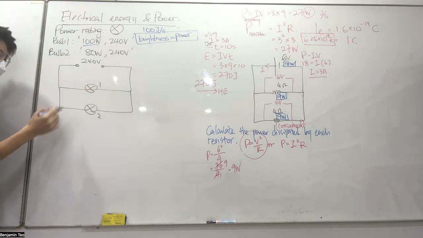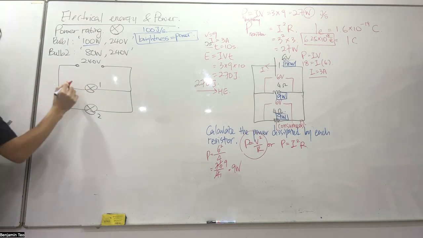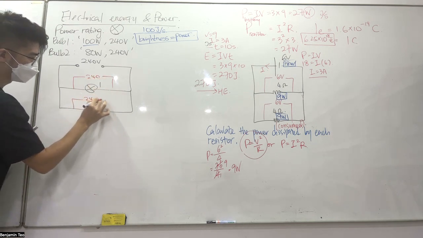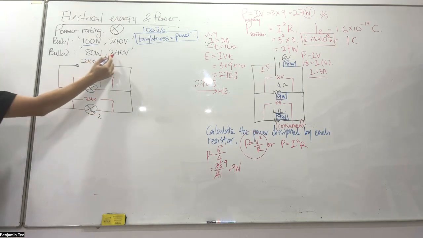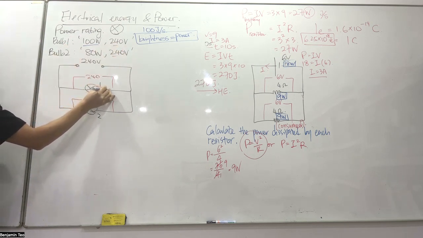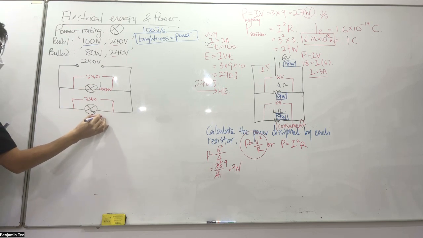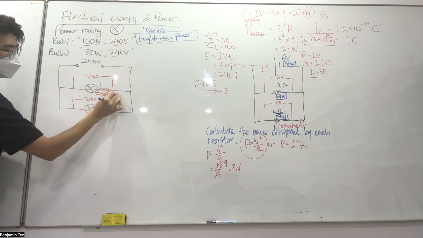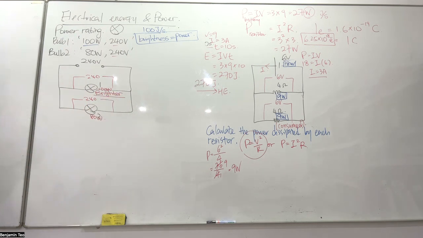It's parallel, so they get the same voltage, 240, 240. If they both get 240, they will operate at 100 watts and 80 watts. So this one will be brighter. Higher power will be a brighter bulb.